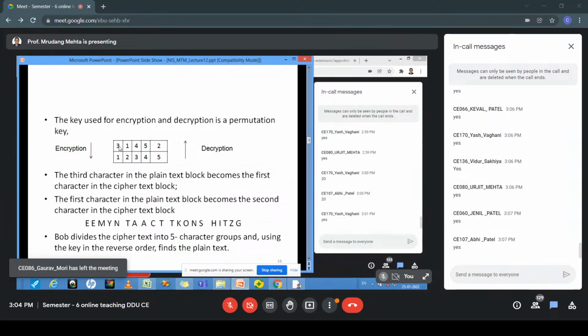So this 31452 is in the first 5 positions. So what has happened is the first position is second, the fourth position is third, the fifth position is fourth, the second position is fifth. Is that clear to all of you? Third is first position, second is fifth position.